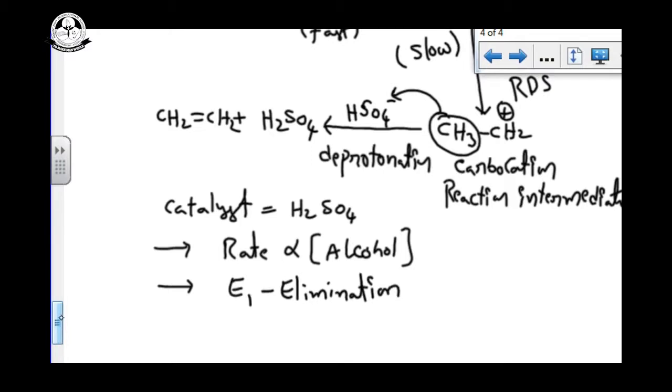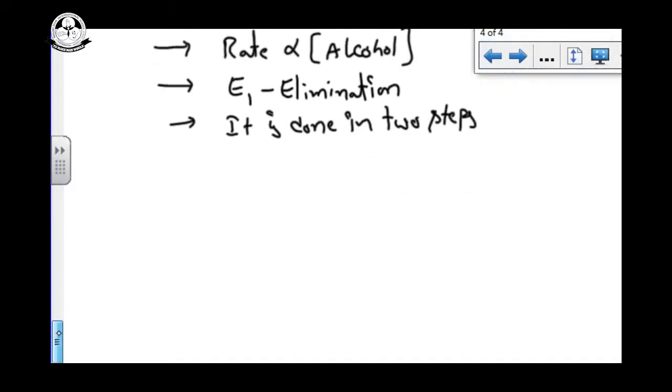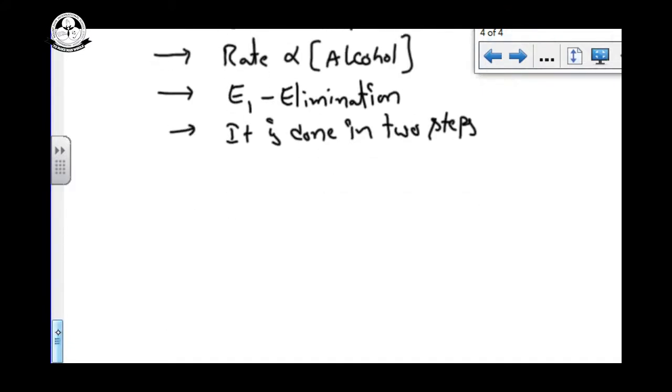E1 elimination is done in two steps. What does E1 mean? Unimolecular. How many molecules are involved in the rate determining step? That number we give. If one molecule is involved in the rate determining step, that is E1 elimination.